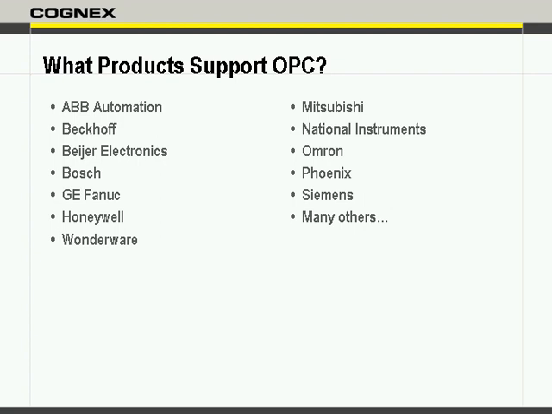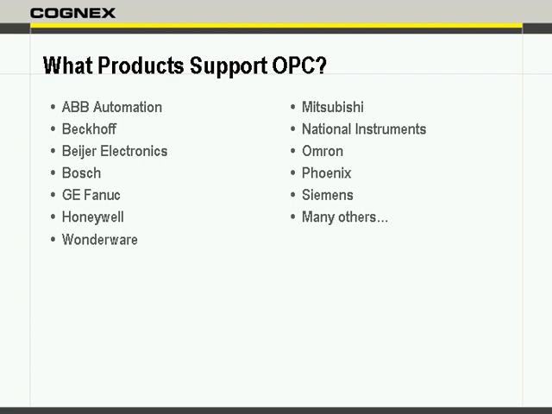All right, so what types of products support OPC? There are many different products that support OPC from any of these manufacturers and many others. Generally, OPC is used in conjunction with PC applications.